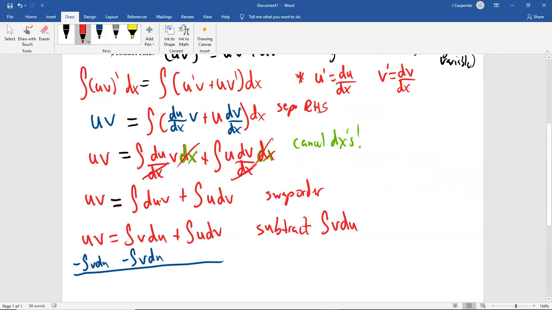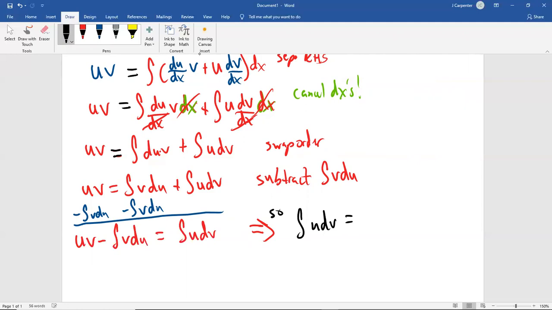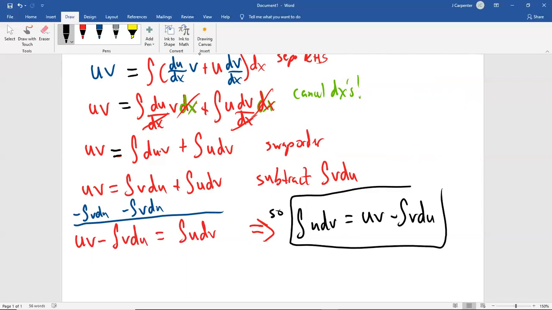What this gives us is uv minus the integral of v du is equal to the integral of u dv. All I'm going to do is swap the order of the left and the right side. So what we get is the integral of u dv is equal to uv minus the integral of v du. This is the formula for integration by parts.